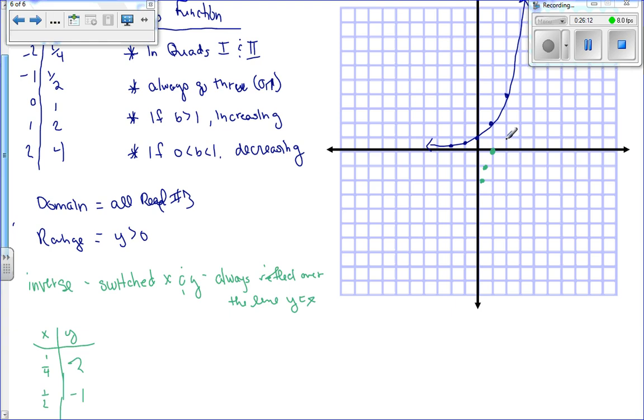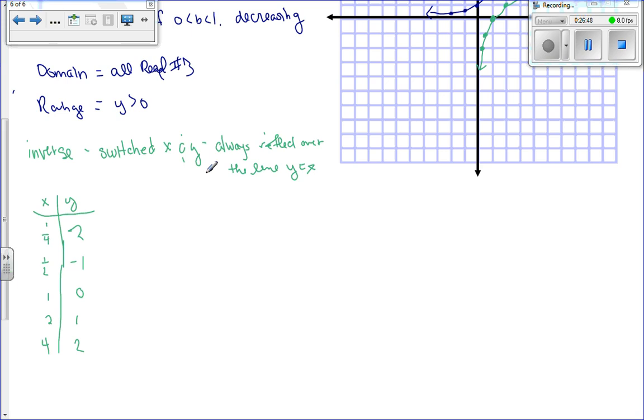So 2, 1 here, and then 4, 2 is here. Remember, it doesn't actually cross the y-axis, so you come up really close to it. And then I'm going to take it up like this. Well, this is y equals, we don't know yet. We now have to write an equation.